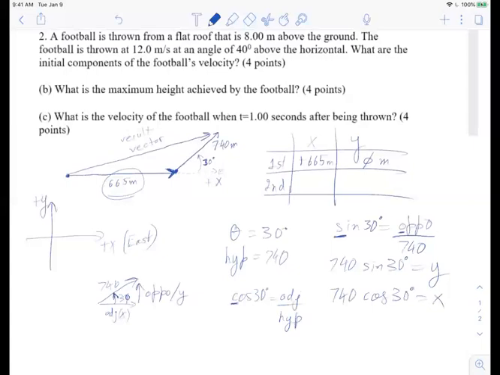Take the hypotenuse to the other side and you end up with that equation. I'm not going to solve these, but Y is 740 times sine of 30 degrees, and X is 740 times cosine of 30 degrees, and you can solve that.